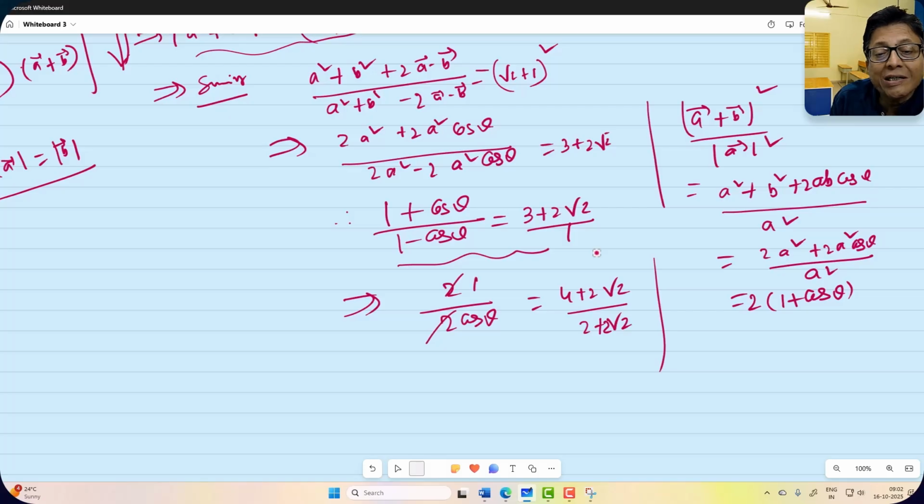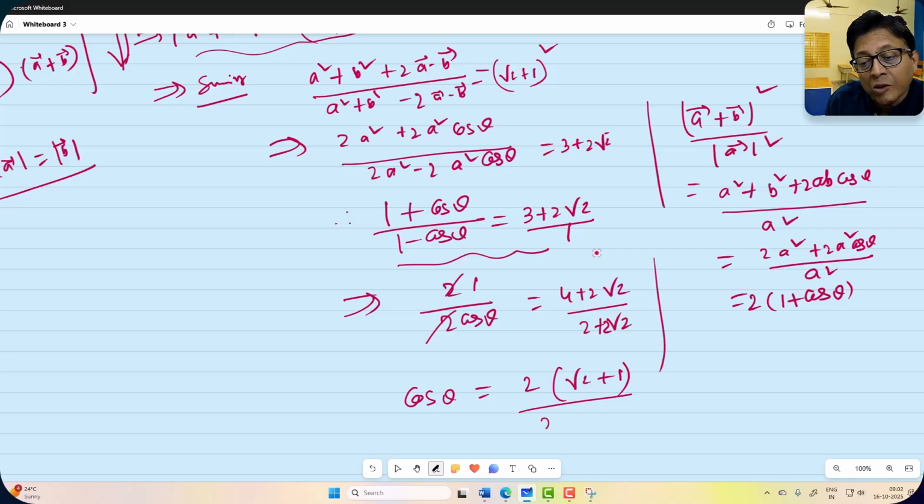So these two get cancelled. Cos theta going to be 2 into root 2 plus 1, and here if you take 2 root 2 as common, this is going to be root 2 plus 1. So this is 1 by root 2.